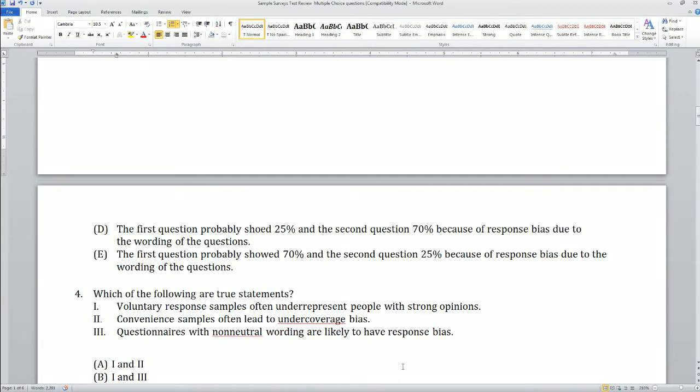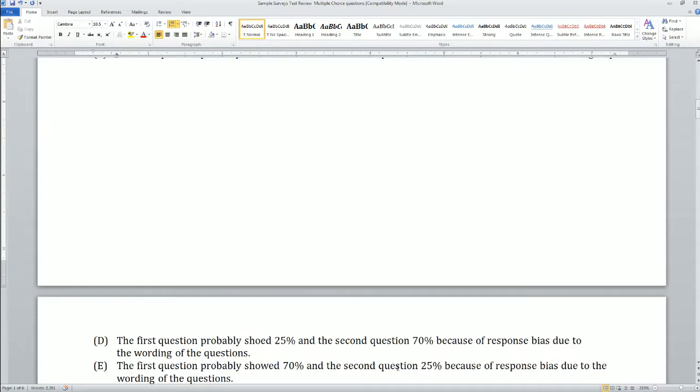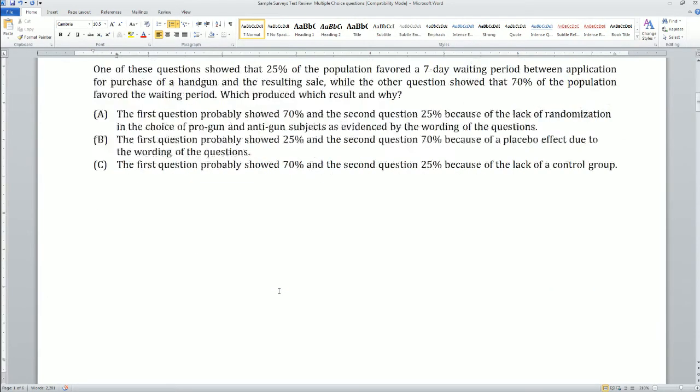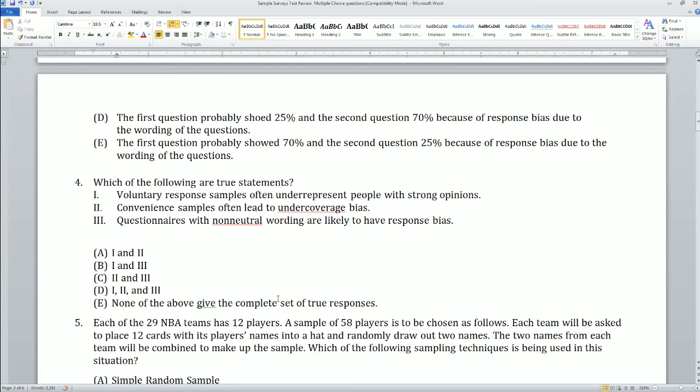Oh wait, they would be more in favor of number one. Correct. Why? Because between the 7 day cool off period, they have the chance to think about actually purchasing a firearm. There you go. So your answer is E.